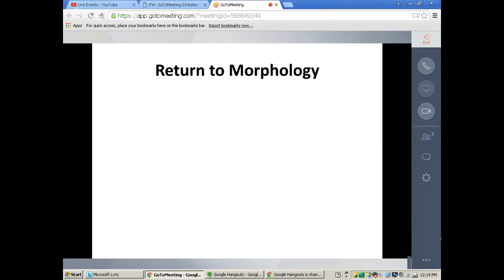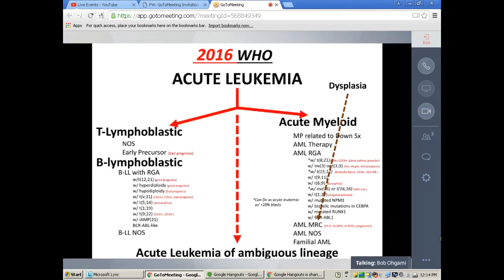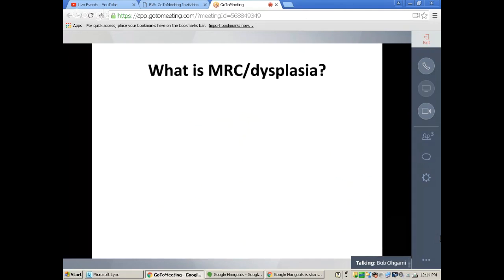So returning to morphology, this is important. Morphology is critical in assessing for background dysplasia. That becomes particularly important in acute myeloid leukemias with myelodysplasia-related changes. So what is MRC, or myelodysplasia? There's erythroid dysplasia, myeloid dysplasia, and megakaryocytic dysplasia that you can see in your cases.